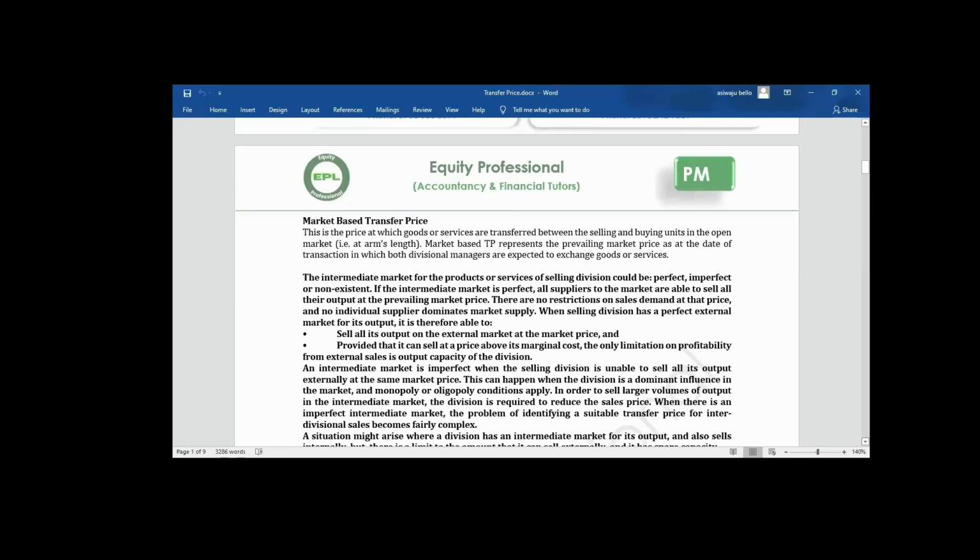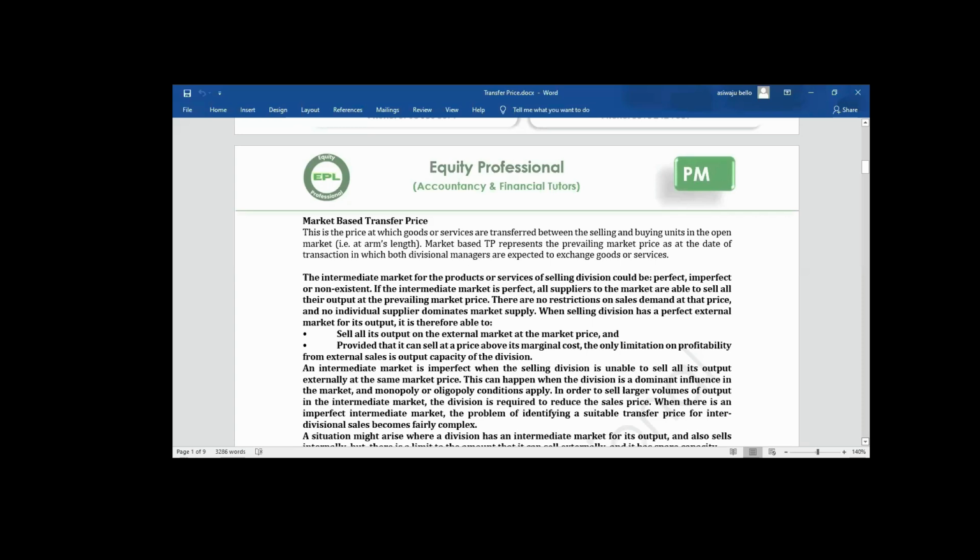You can just measure the sugar in a drum and take it to Dangote Bakery. That means packaging cost has been saved, so you can say market price minus cost savings on packaging.